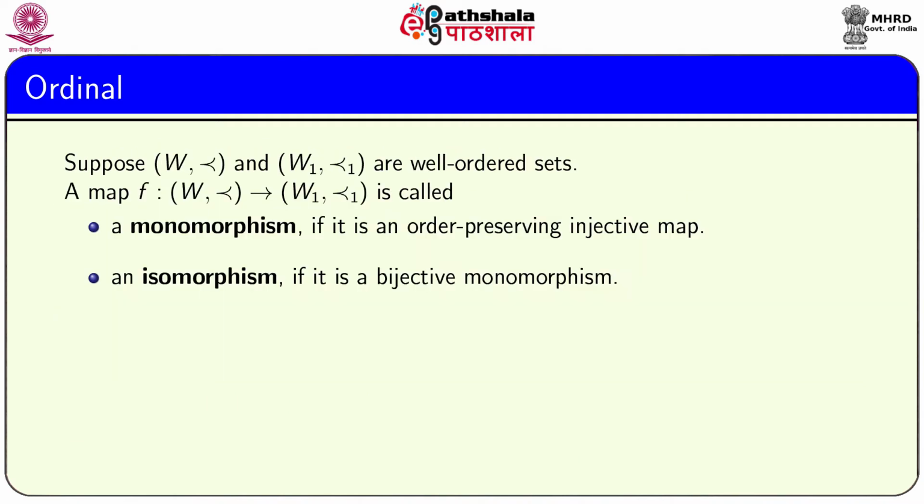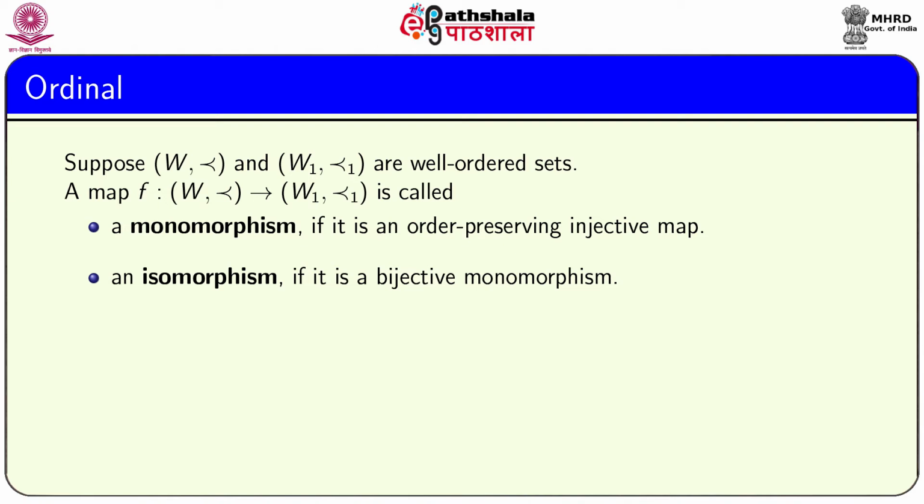Now, suppose we have two well ordered sets W with order less than and W1 with order less than 1. A map F from W to W1 is called a monomorphism if it is an order preserving injective map.